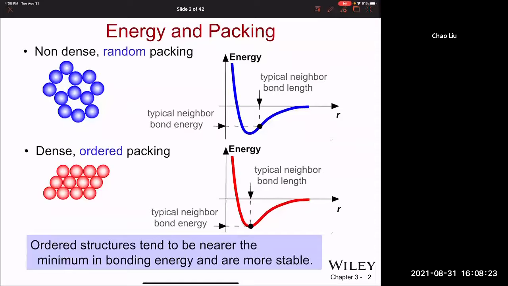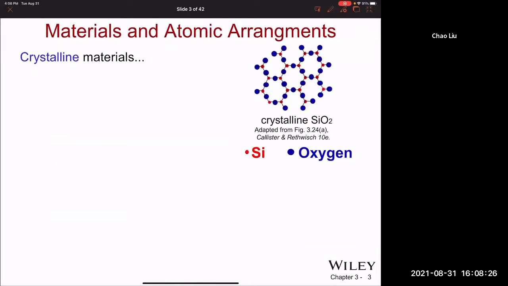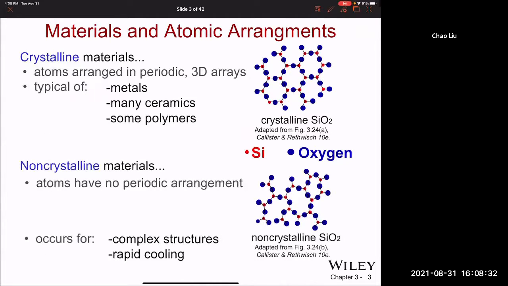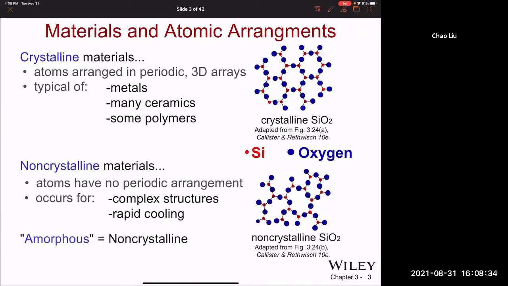That's the conclusion from these two pictures. There's crystalline and non-crystalline, which you can read from the textbook. I'm going to skip this part. Another name for non-crystalline is amorphous, which is the same as non-crystalline.